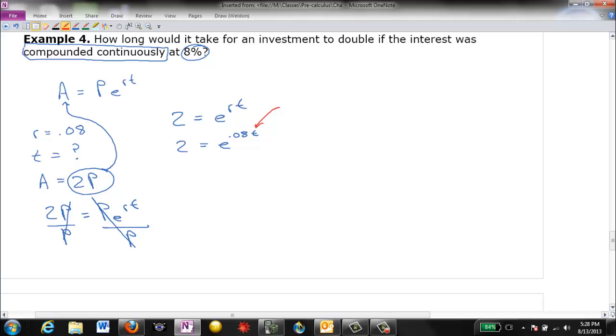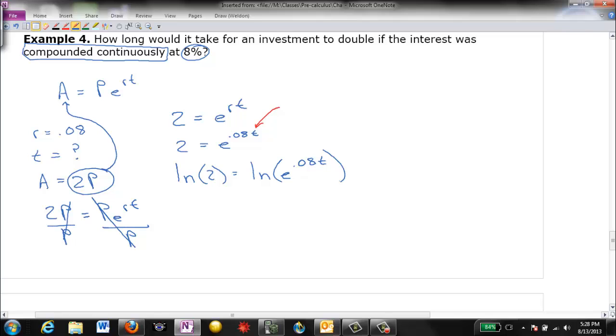We can solve this. I'm going to use one of the strategies that we talked about in the previous exponential equations that we've done. I'm going to take the natural log of both sides. So I'm going to take the natural log of 2, and the natural log of e to the 0.08t.